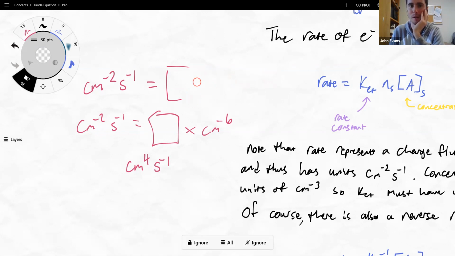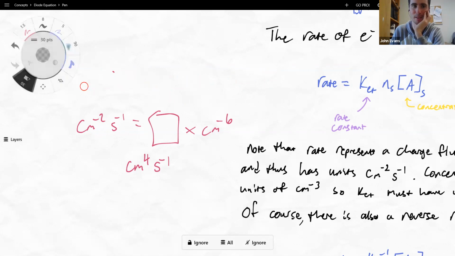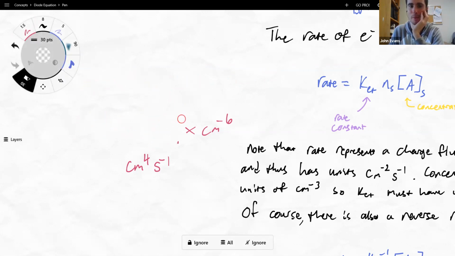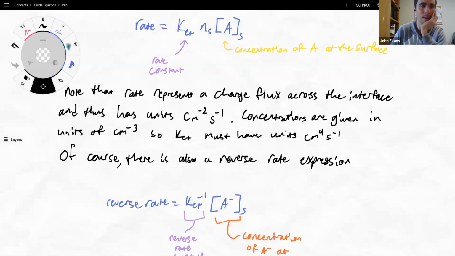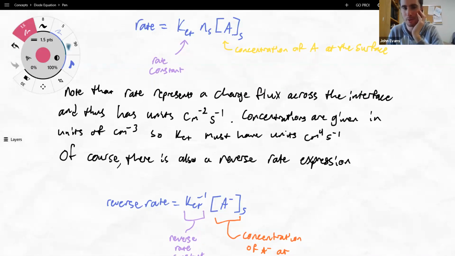There are papers you can read that can delve a little bit into what the actual meaning of this is. But the simplest thing is to say, well, look at the dimensional analysis. It must be true. So just remember that those are the units that you're going to be using here: centimeters to the fourth per second for our rate constant.